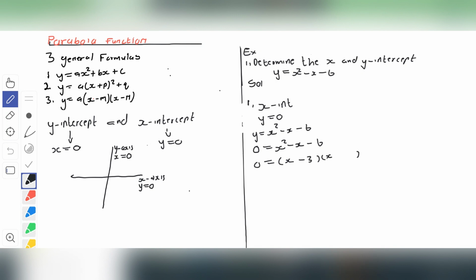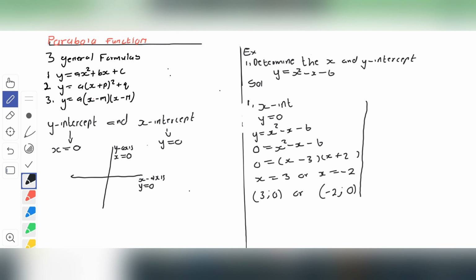Therefore, we're going to have minus 3 and positive 2. Therefore, our x is equal to 3, or our x is equal to negative 2, meaning the coordinates of the x-intercept are (3, 0) or (-2, 0), right?